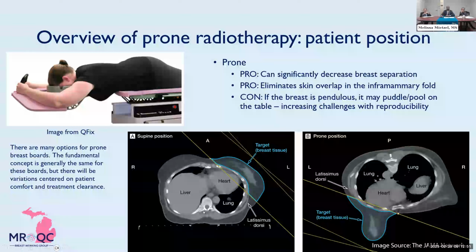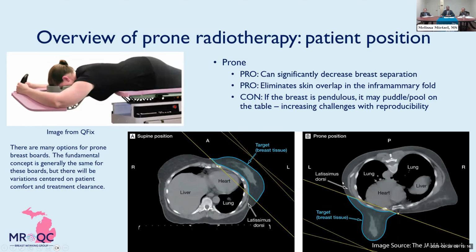So an example of the impact that prone has on the breast anatomy is shown on the bottom right images. So the left is a supine treatment, and we can see that the breast tissue lays laterally on the patient. This increases separation, and if the whole breast tissue is to be irradiated, part of that beam is going to go through the heart.